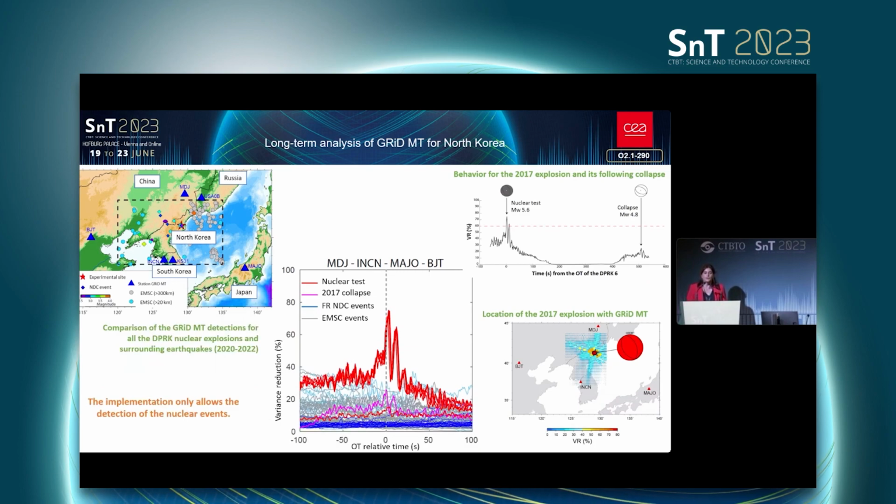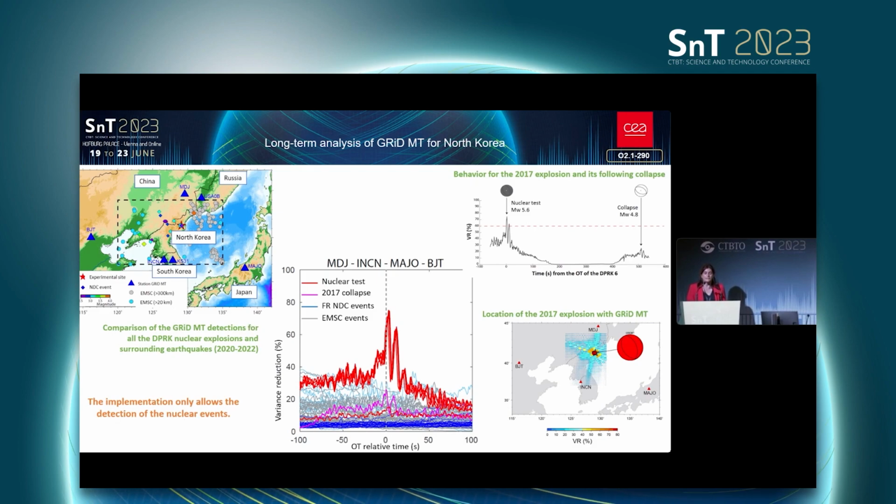So we applied it on a long-term analysis for North Korea by considering all the DPRK explosions shown here in red in the middle plot, but we also compared it with regional and local seismicity from the French NDC catalog down to magnitude 2.5, and also from the EMSC catalog down to magnitude 4.5. And some of those events at greater depths, very important depths, more than 300 kilometers.